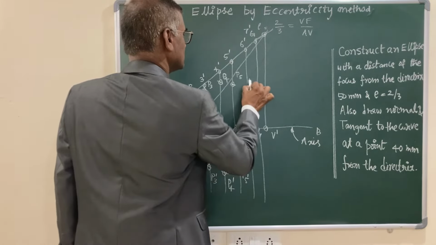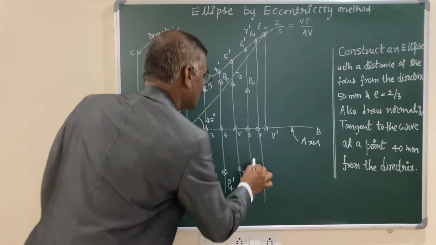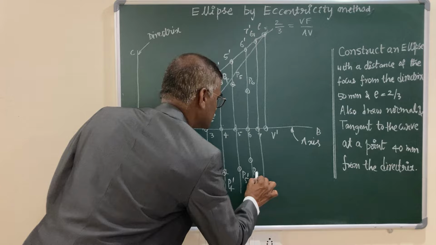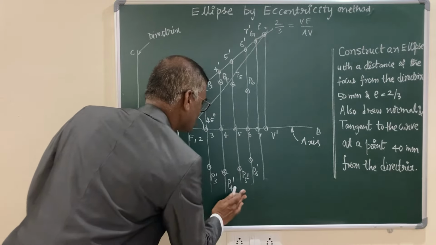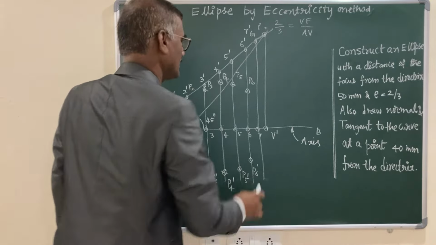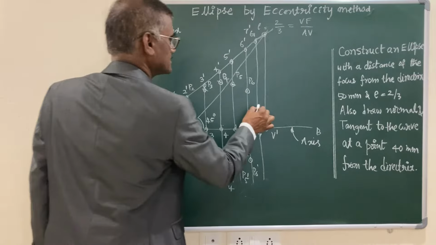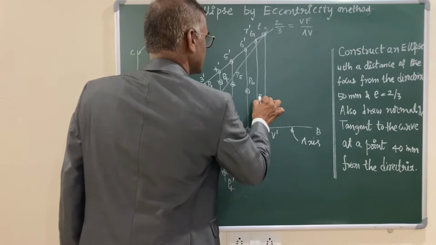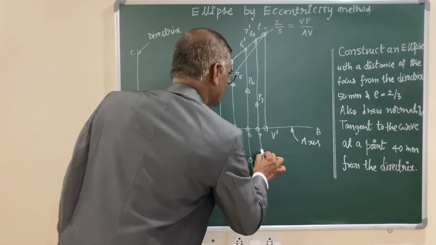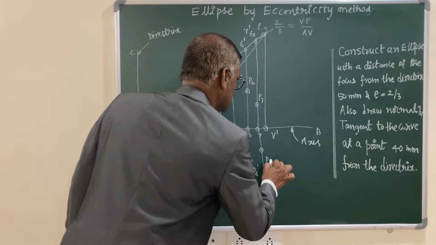So it is P6, and below you have P6 prime. And 7 prime and F as center. So it is P7, and below this it is P7 prime.